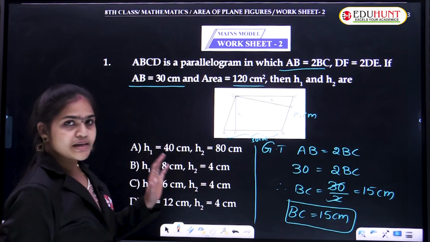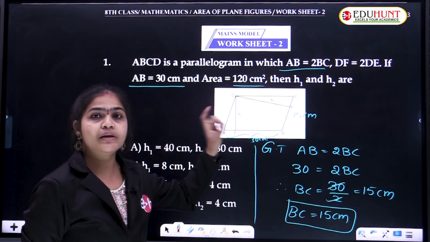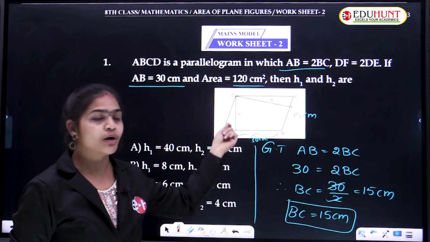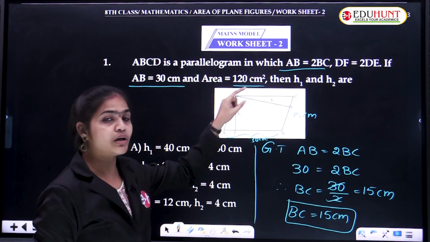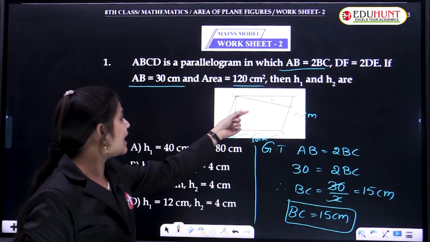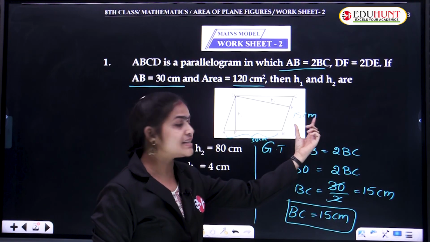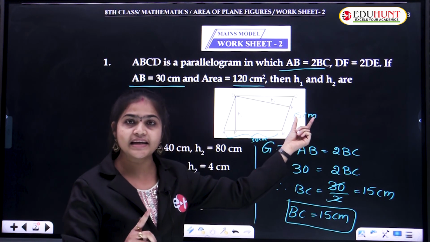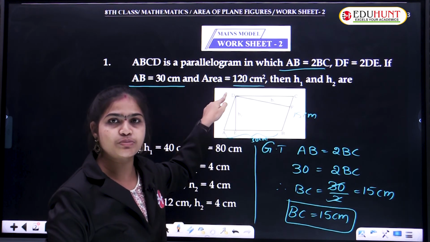Just observe which height we are considering. Two heights are given, H1 and H2. If you take H1, then which one is the base? It's the corresponding base. The base is BC. If you take BC as the base, then its corresponding height is H1.